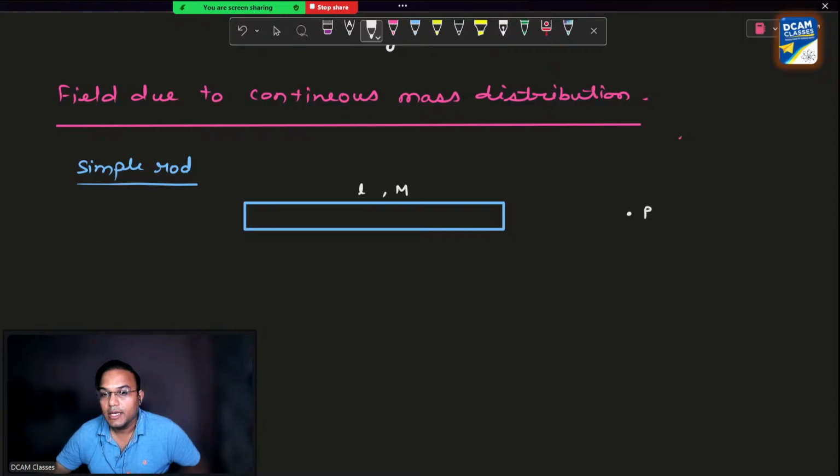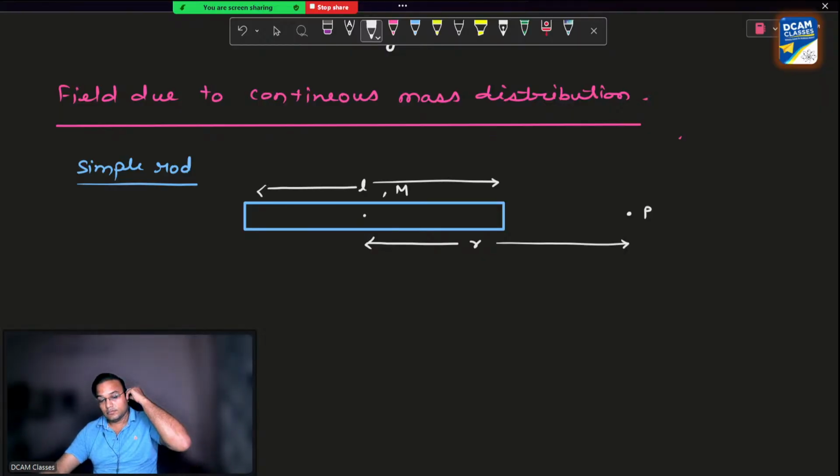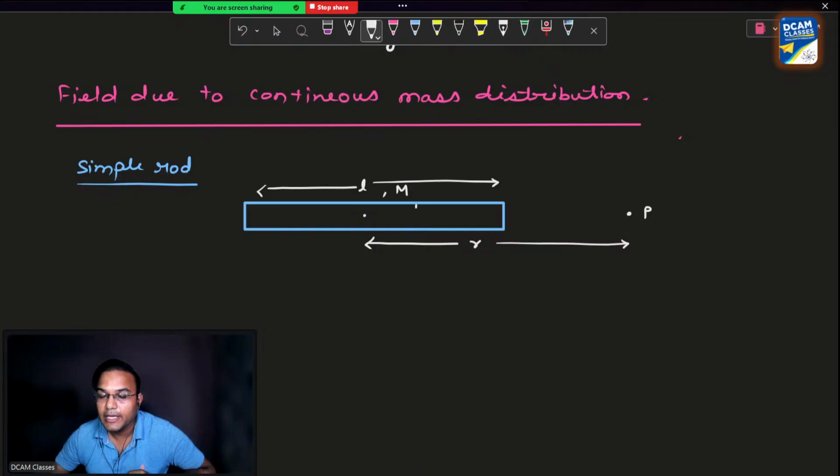In this case, the information given to us is the length is L, and the center of the rod is at a distance of R unit from P. What we'll do here, we'll take an element, this element of length dx, assuming this is at a distance of x unit from P.